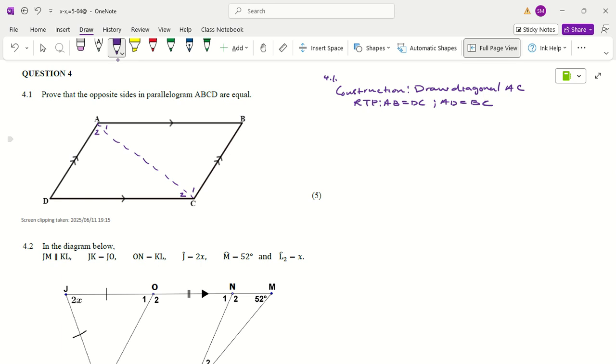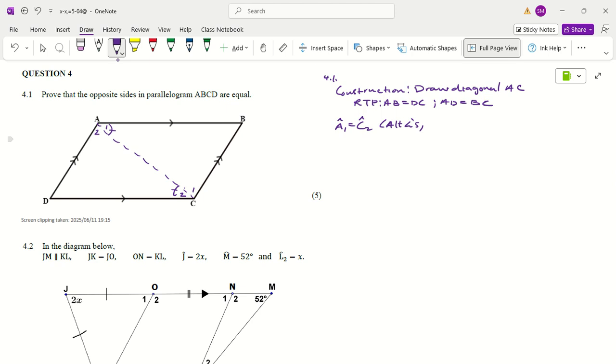But now because we have alternating angles here, you'll get that the angle A1 is equal to the angle C2, because A1 and C2 alternate. So these are alternating angles, so you just write it as your reason, alternating angles, and they are between the two parallel lines.